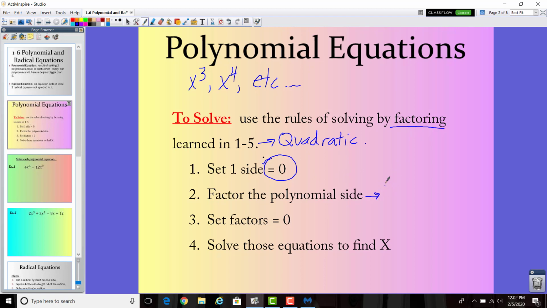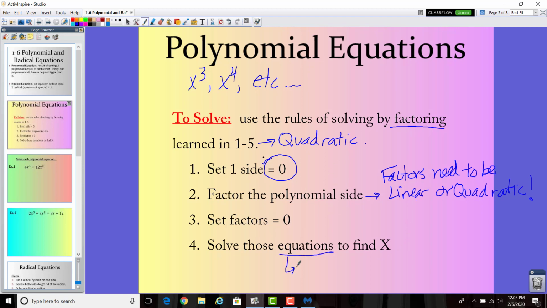When we are factoring, our factors need to be linear or quadratic. Now that we know how to solve quadratic equations, we don't need to split our factors down to linear. In fact, for most of these, it's not possible to get all of our factors to be linear, okay? Once we have linear or quadratic factors, we'll set those factors equal to 0 so that we can solve those equations for x.